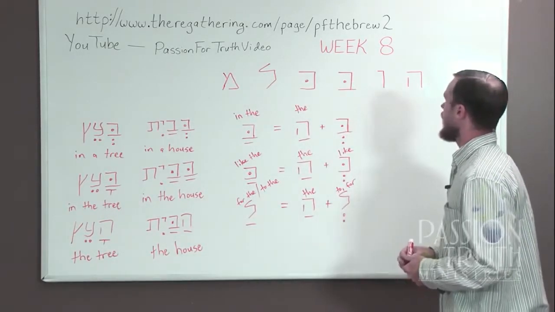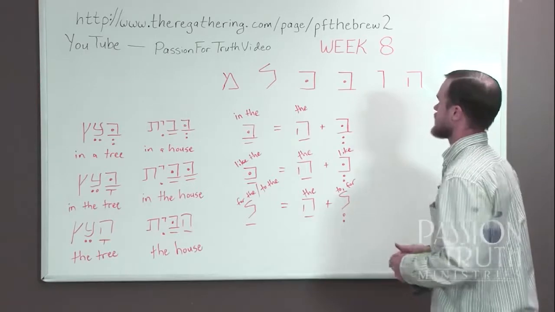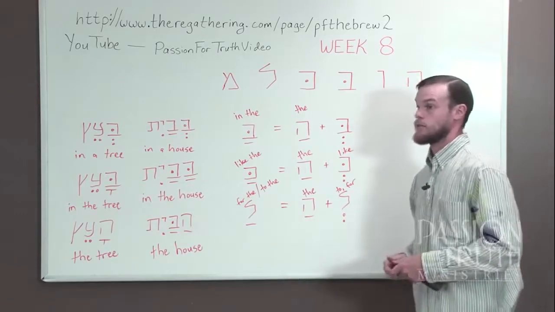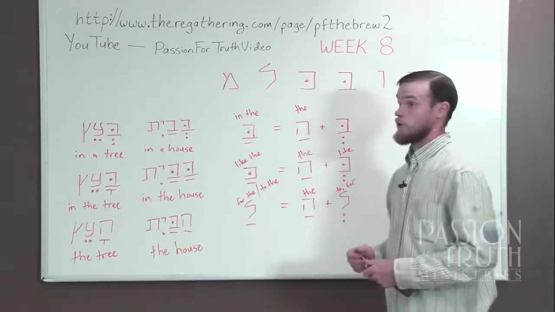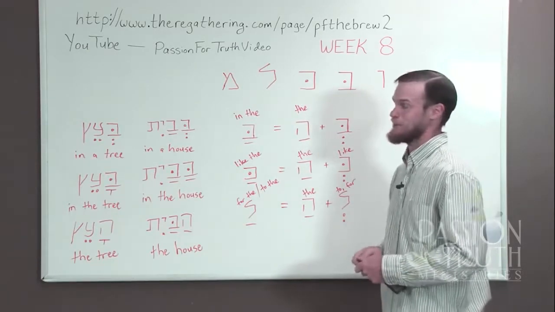Okay? And these are the six prefixes that you will find in the scriptures. In modern Hebrew, there are in fact even more, but I'm not going to go into those.